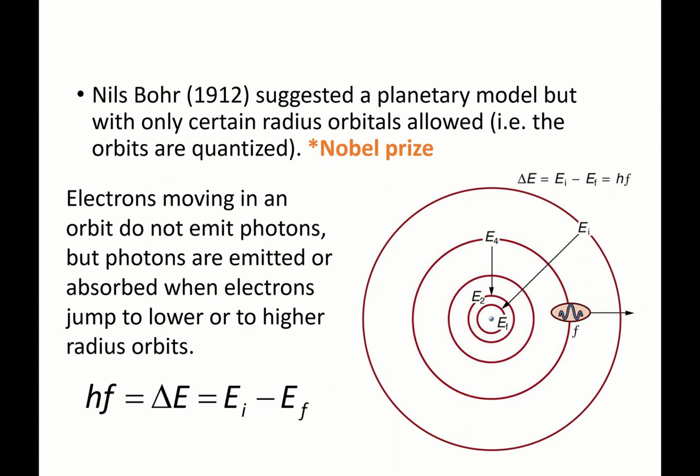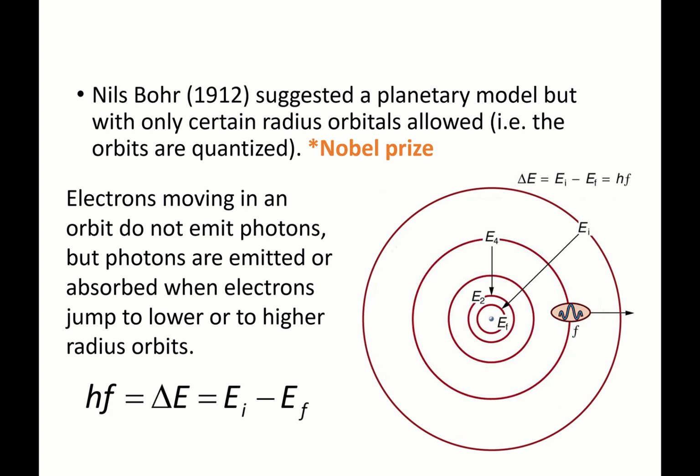Okay, so going back to Bohr's model, remember Niels Bohr said that the electrons orbit like planets around the sun, and only certain radii of the orbits were allowed. Electrons that stay in an orbit don't emit any light, but if they jump to a lower orbit, they emit light, and if they jump to a higher orbit, they absorb light.